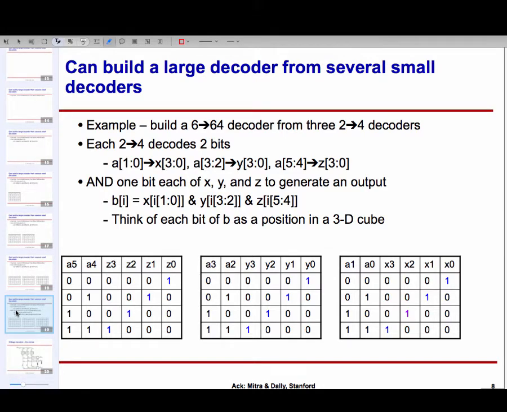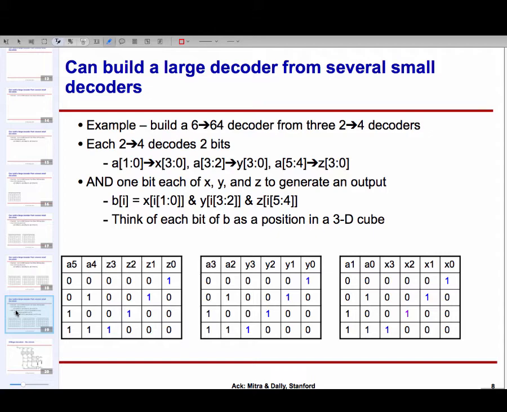So if you think about it, I have 4 possibilities from this decoder, 4 from middle decoder, and 4 from the rightmost decoder. And my 64 possibilities at the output correspond to different combinations of these. So if you think of when Z0 is high, and Y0 is high, and X0 is high, if that is the situation, then which one of my 64 B's should be high at the output?